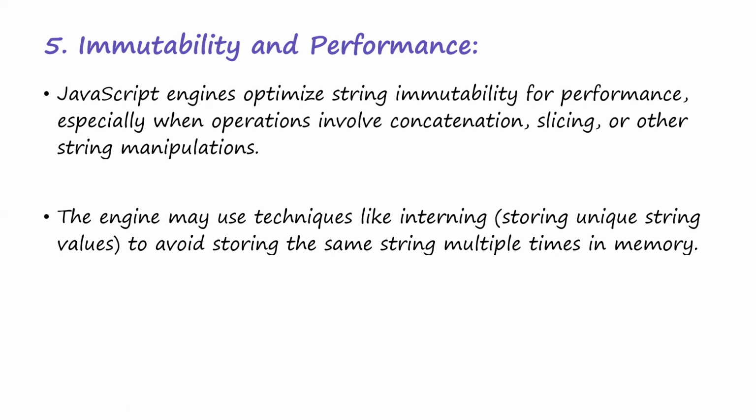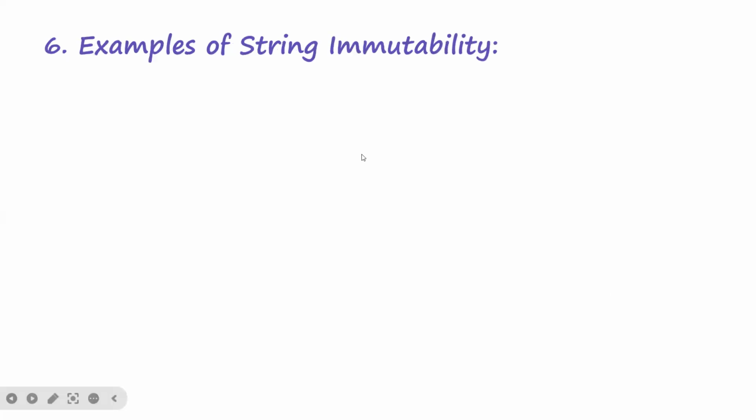I hope you understand it. But if you don't, please click on the chat icon and raise the topic in the group, so that we can maybe have a live class for it and explain better. Okay, so now what are the examples of string immutability?